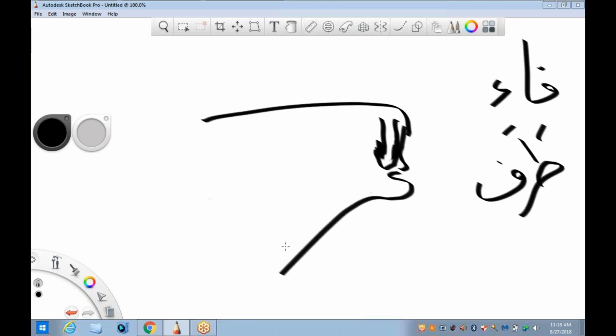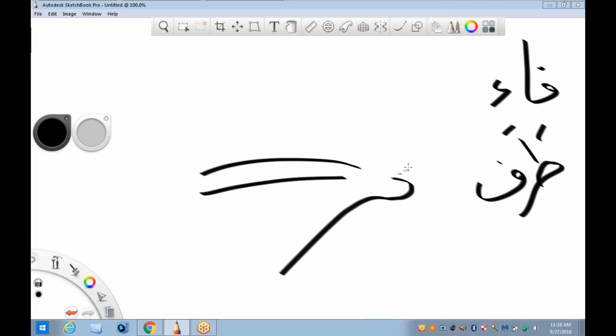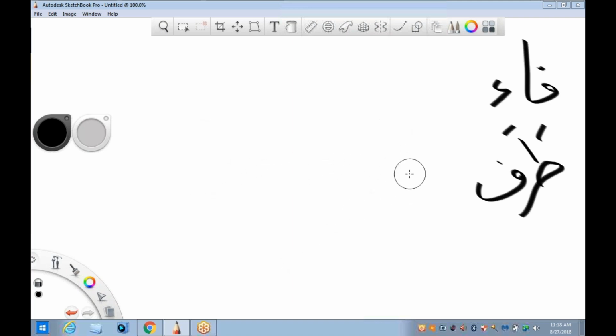And the inside of the bottom lip. The tip of the front teeth and the inside of the bottom lip. That's the Fa. F.